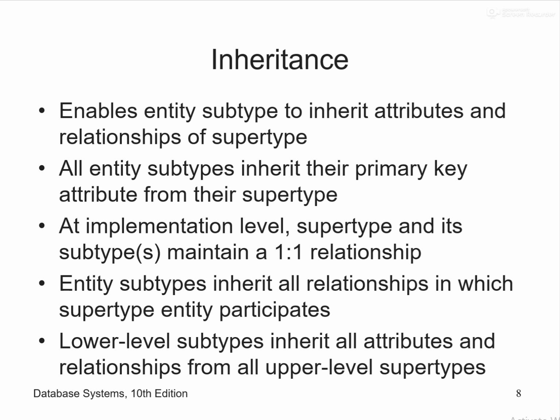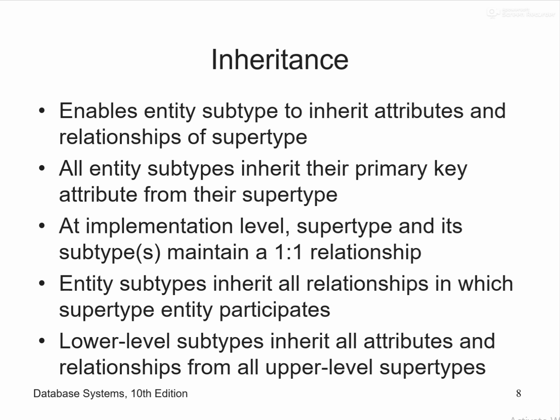Okay, another concept that is used in enhanced ER modeling is called inheritance. This inheritance makes it possible for an entity subtype to inherit the attributes and relationships of the supertype. As we have discussed before, a supertype contains attributes that are common for all the subtypes, and in contrast, a subtype contains only attributes which are unique to the subtype.